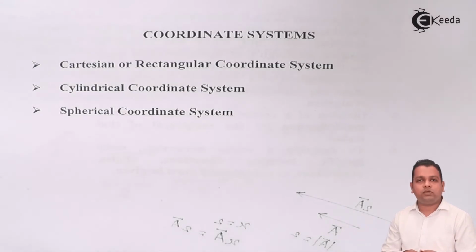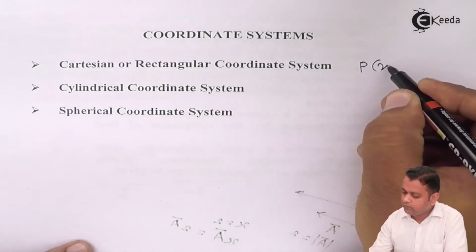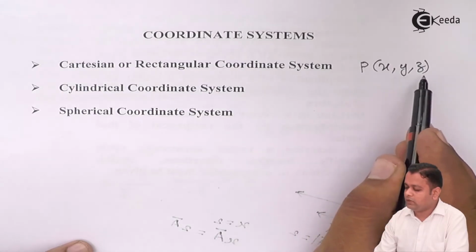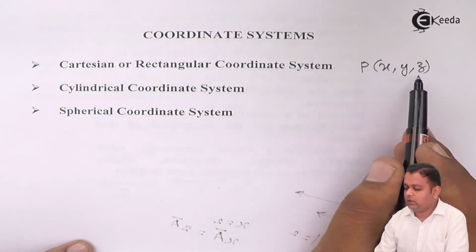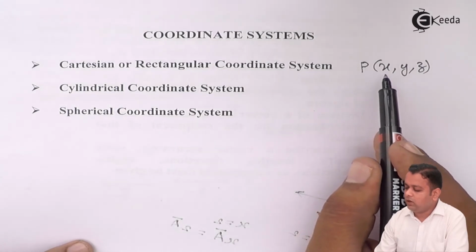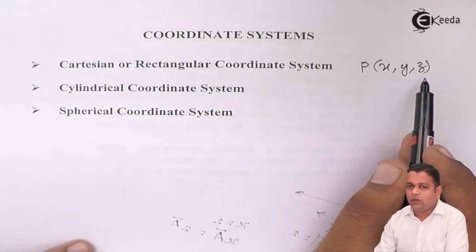In Cartesian, also called rectangular coordinate system, suppose a point P we have to locate. The coordinates are represented by capital P in bracket x, y, z. x, y, z give all the measures of the three distances covered by the point P in three-dimensional space along x-axis, y-axis and z-axis.